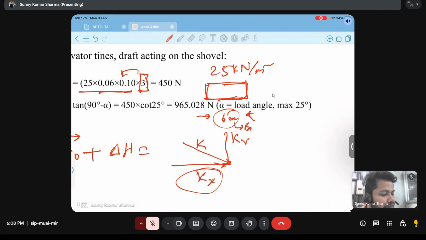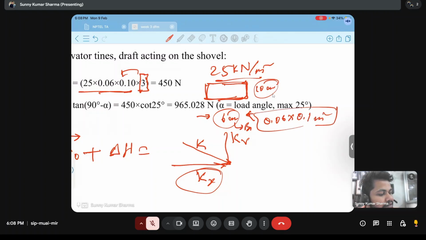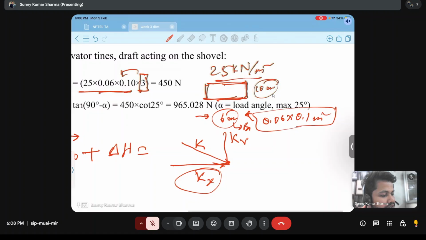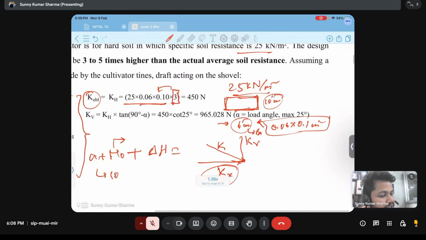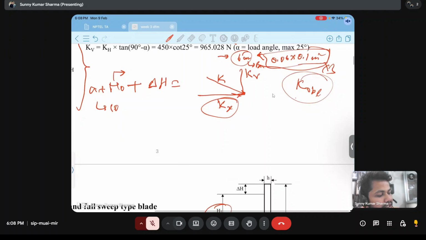So we will convert this into meter, as we have 25 kilonewton per meter square. So 0.06 into 0.1 meter square. This is the area on which the soil resistance is acting. So 25 into this area into factor of safety. This will be my KOBL, which will be used for design.